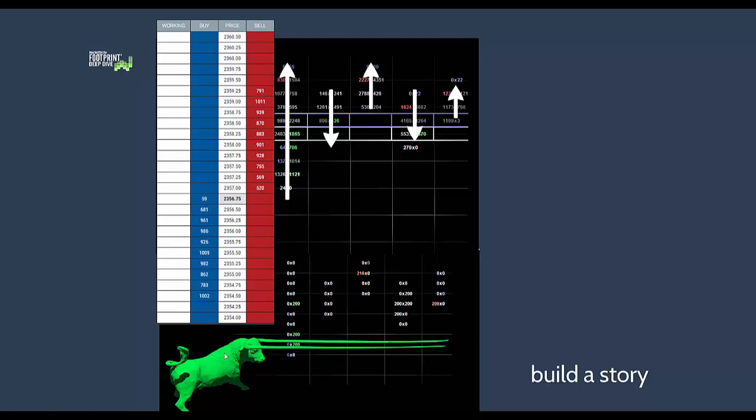I had this bull drawn with long horns just to give you guys a good visual and help with your memory to show support. Why? When big buying comes in and the market goes up, it's often subsequent real-time support. So not only did a 200 lot come in the middle of his horns, but it was backed up by another 200, and most likely another one shot up when this 200 lot came in.